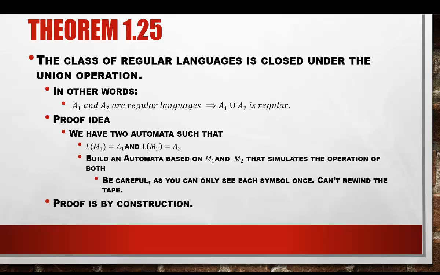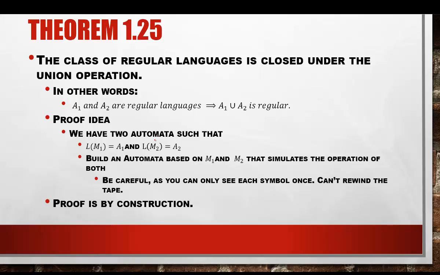So effectively, the idea is for us to represent each of these languages with their finite automaton. So let's say that we have a finite automaton M sub 1, and its language is A sub 1, meaning that M sub 1 accepts all strings from A sub 1. And same thing with M sub 2: a finite deterministic automaton such that all strings within A sub 2 are accepted by it.